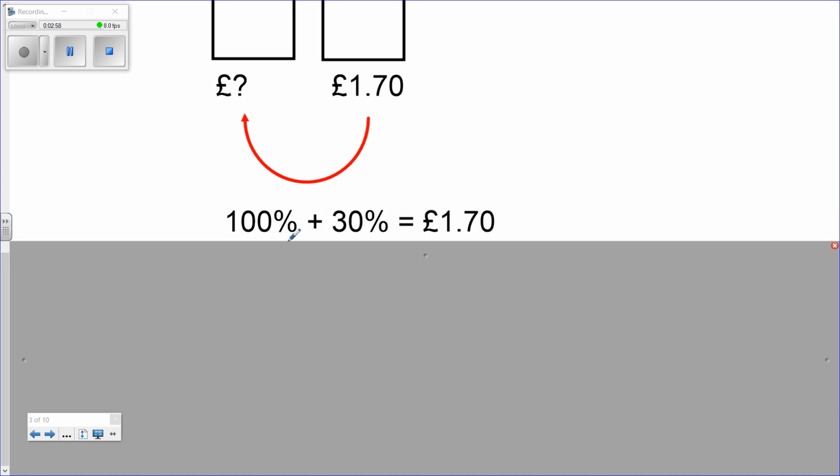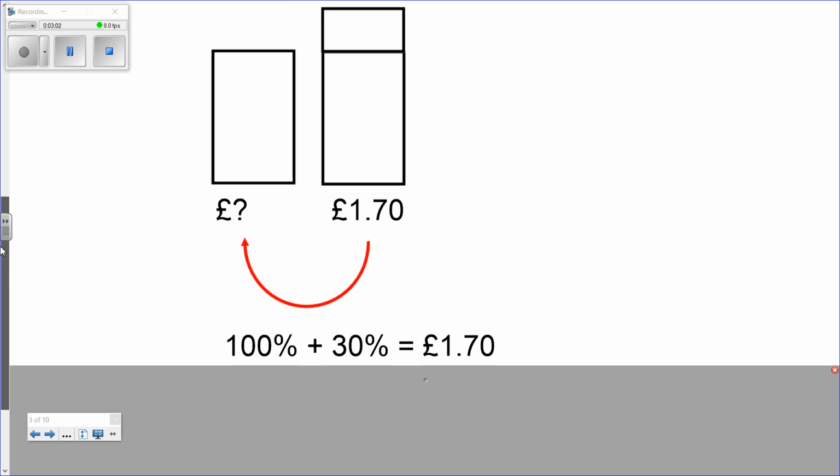We know so far that we are dealing with this bigger bag of crisps. So we've got 100% here, and we're adding on another 30%. So 100% plus the 30% we know is at £1.70.